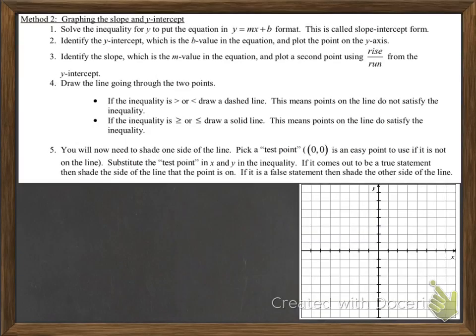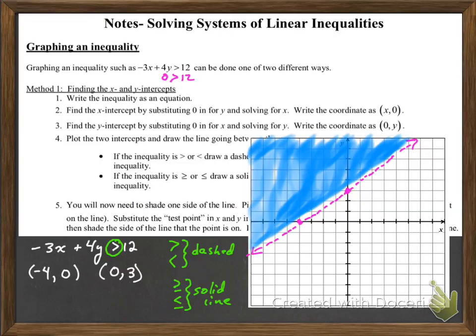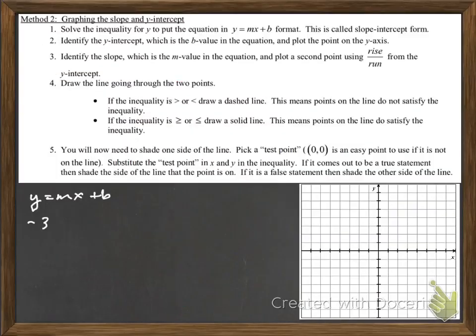All right, let's take a look at the second main way that we can graph our lines. This is going to be using from Algebra 1 your y equals mx plus b, your slope-intercept form. And so if we use our previous equation of negative 3x plus 4y is greater than 12, what we need to do is solve for y.